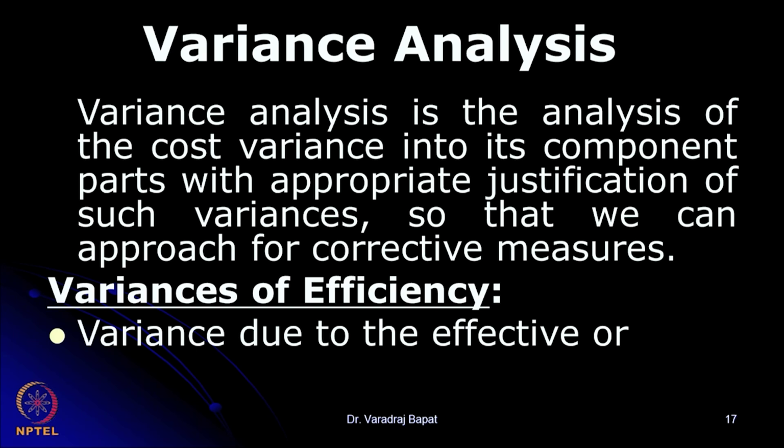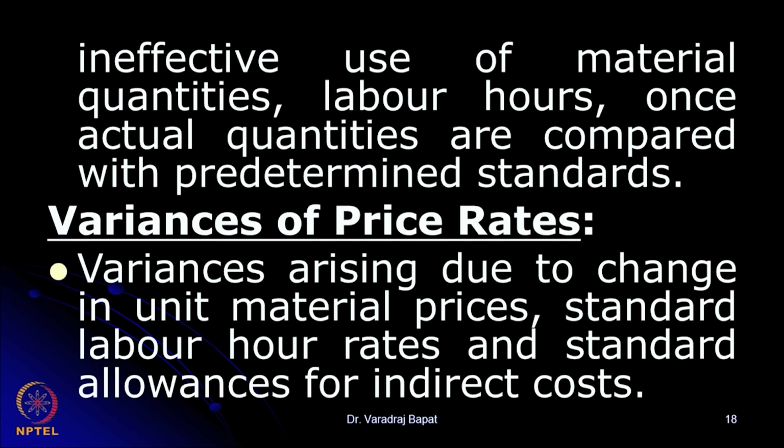Now one important reason for variance is variances due to efficiency. As the name suggests, if the company or the concerned department is not using the resources effectively, it will be a variance due to efficiency. It can be material quantity, that excessive material is wasted, it can be labor hours.